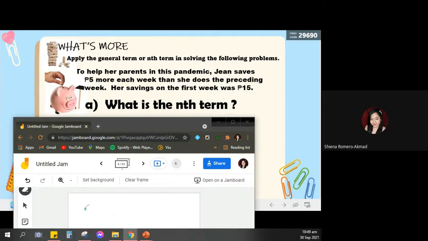Yan lang yung difference nila. Ginawa mong 5. Ito, from negative 69, dapat magiging negative 73. Diba? Sunod, plus 4, negative 77.